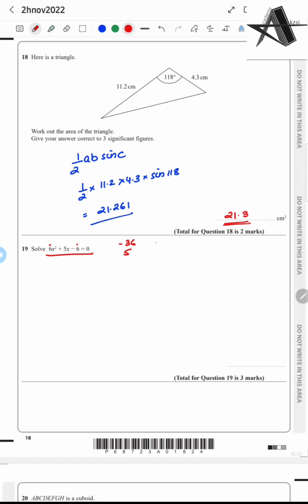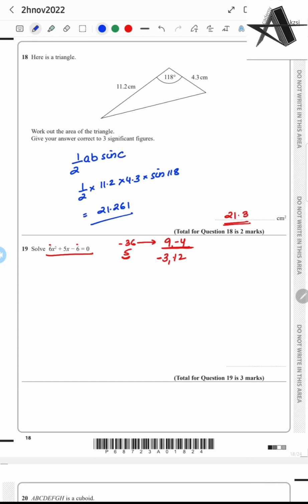Since the sum is positive, the greater number will be positive. So it can be 9 and negative 4. That's the only possible way, giving me the sum as 5.